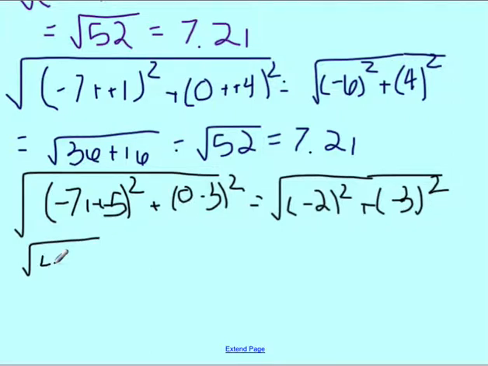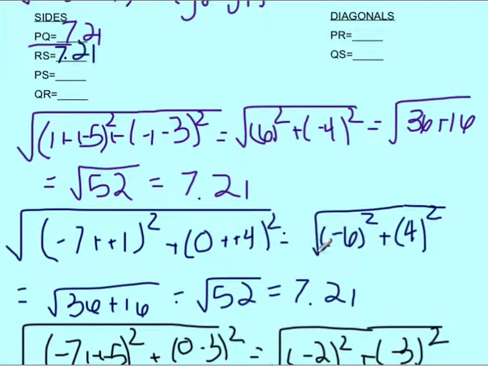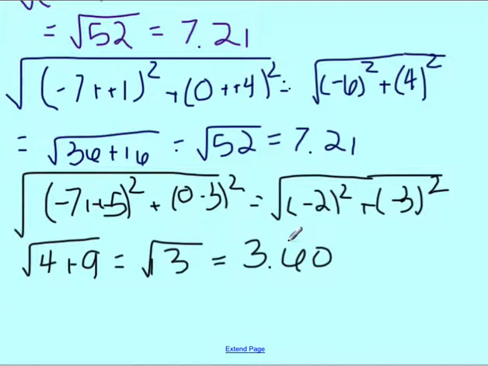Negative 2 squared is 4, negative 3 squared is 9. So then we're going to get the square root of 13, and the square root of 13 is 3.60. So for PS, 3.60.